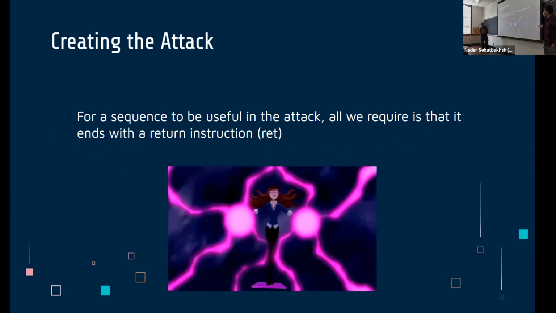The basic bottom line of any return to libc attack is that the only thing you need in order to create a successful attack sequence is a return instruction. As long as you have the return instruction at the end, you can create a set of code using gadgets in whichever way you want before that. And then as long as you have a RET at the end, you can execute that attack.